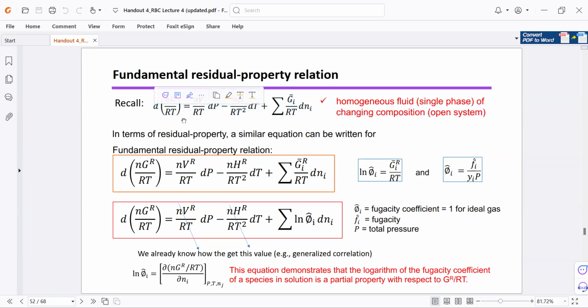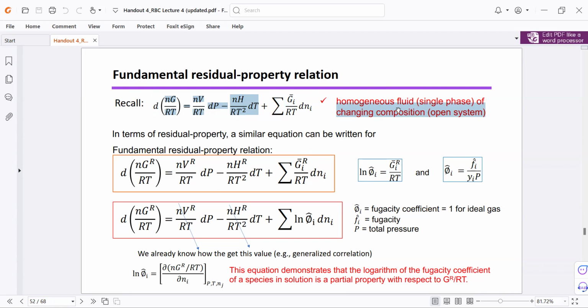Remember, in your ChE 142, we used the Gibbs free energy as a generating function and we obtained this equation, but that one is for a single species.